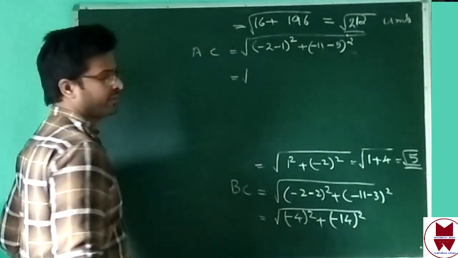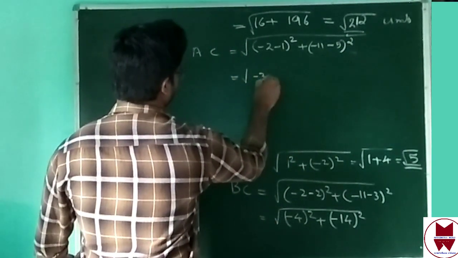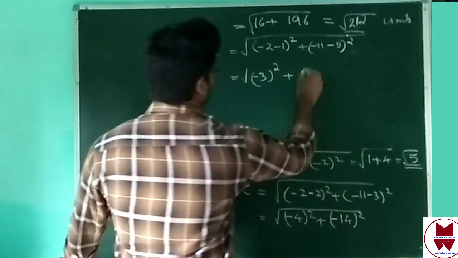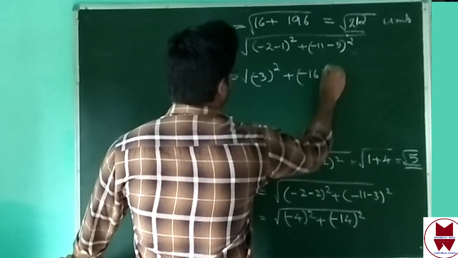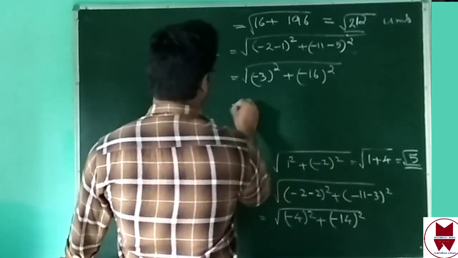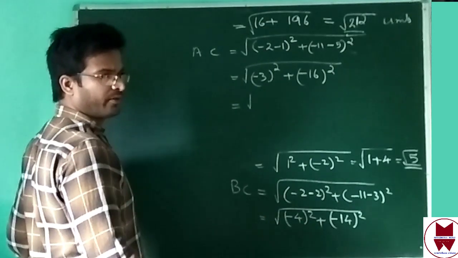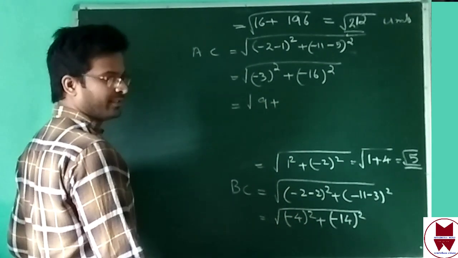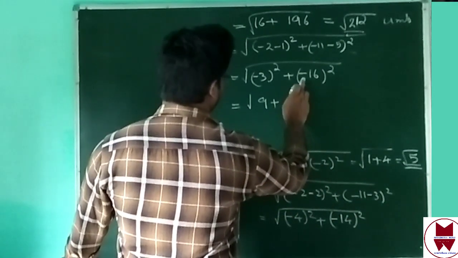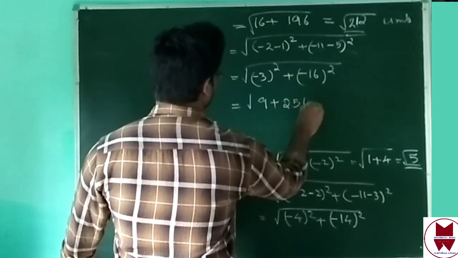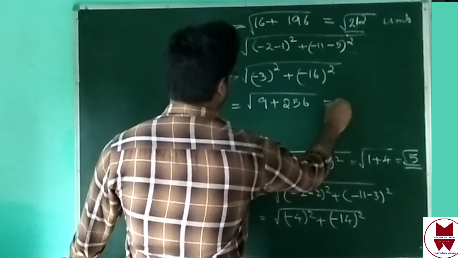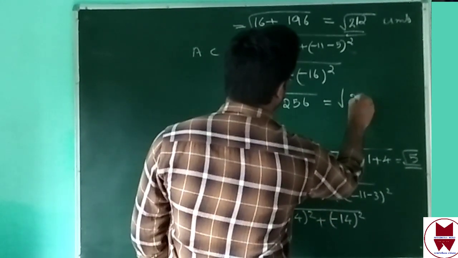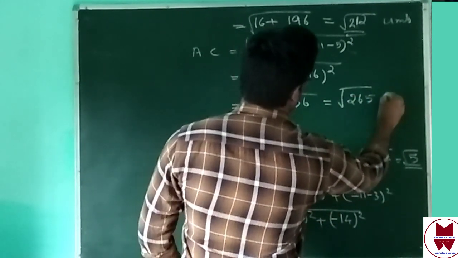Square root of minus 2 minus 1, minus 3 square, then minus 11 minus 5, minus 16. Equal to square root of minus 3 whole square, minus 3 into minus 3, 9, plus minus 16 whole square, that is minus 16 into minus 16, 256. Equal to square root of 9 plus 256, you will get 265 units.